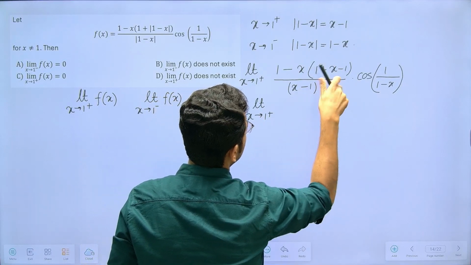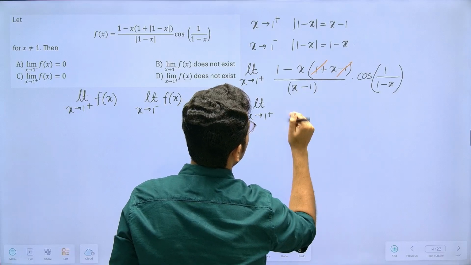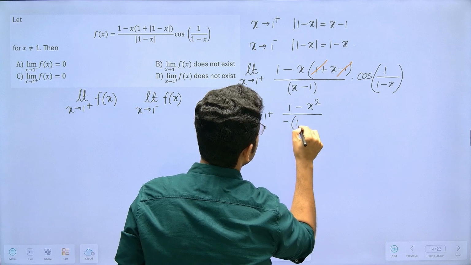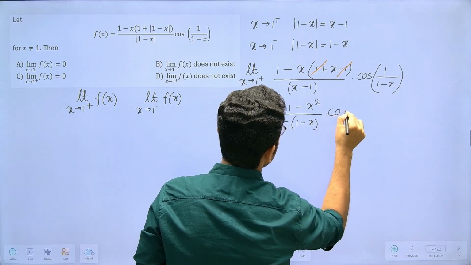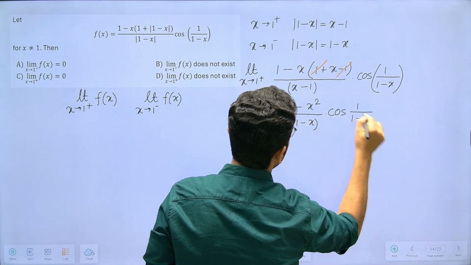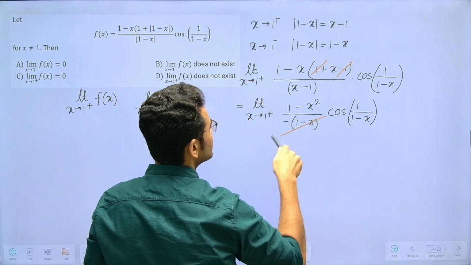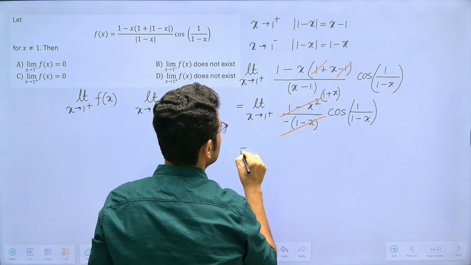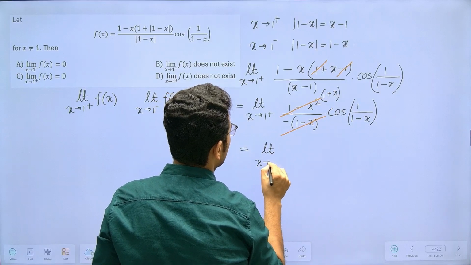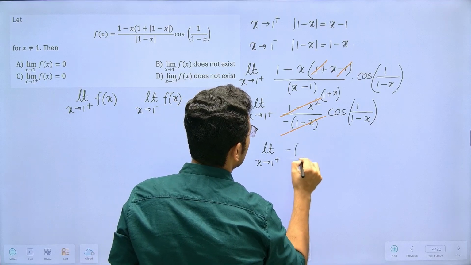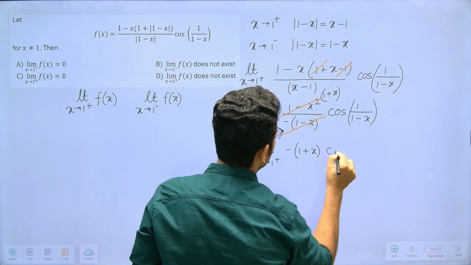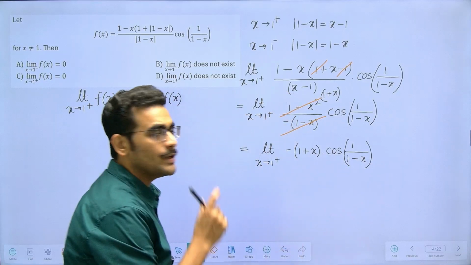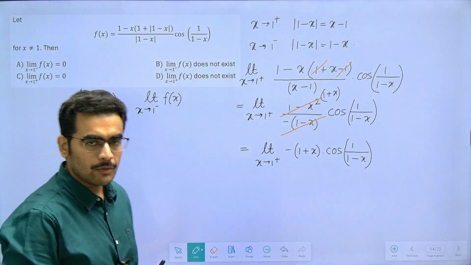In the numerator, 1 is getting cancelled, 1 minus x square divided by x minus 1, that is minus of (1 minus x) into cosine of 1 by 1 minus x. So the 1 minus x factor will be cancelled in the numerator and denominator, giving us the 1 plus x factor. So it is limit x tends to 1 plus, minus of (1 plus x) into cosine of 1 by 1 minus x. Okay, so we have simplified to this particular form.